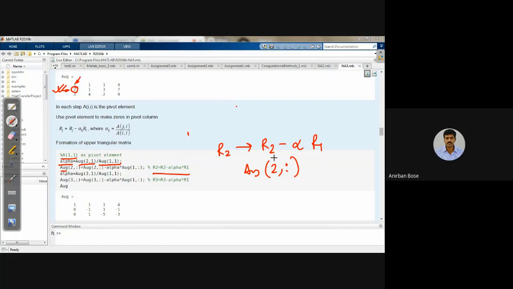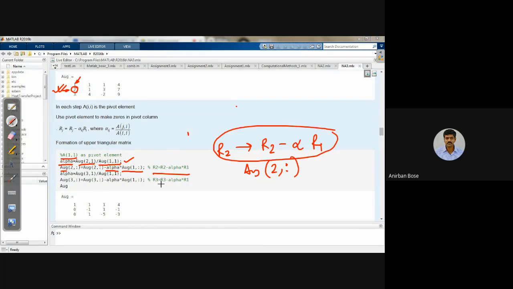So all the columns of the second row will be replaced by augmented 2 colon, what was there previously, minus alpha that you have already defined, multiplied by augmented 1 colon, which is basically the first row, all the columns. Okay, so in this line, this particular operation has been written.